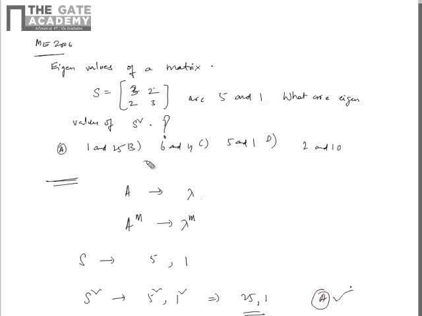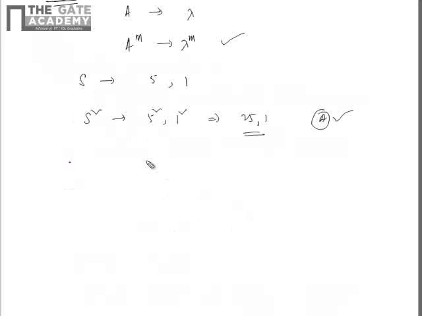But if you don't know this simple fact, that for a square matrix A, if the eigenvalue is lambda, then for A power m the eigenvalues are also lambda to the power m, for this problem you need not know. You can just start with S square, which is S into S, and multiply 3 2 2 3 with 3 2 2 3.